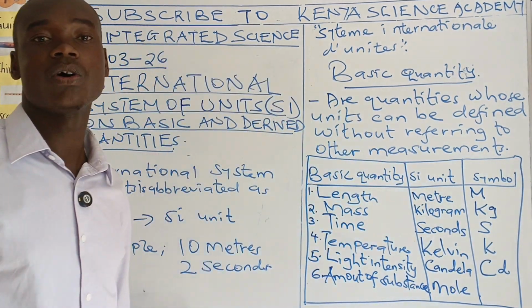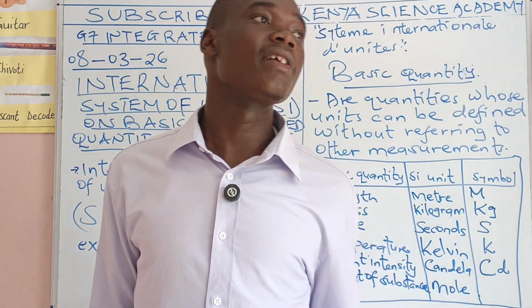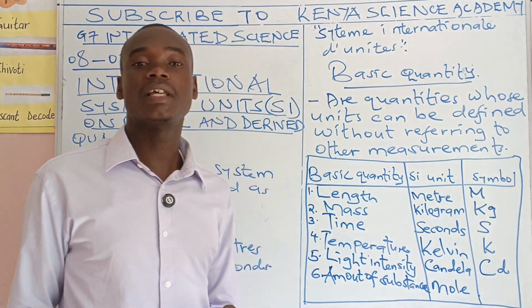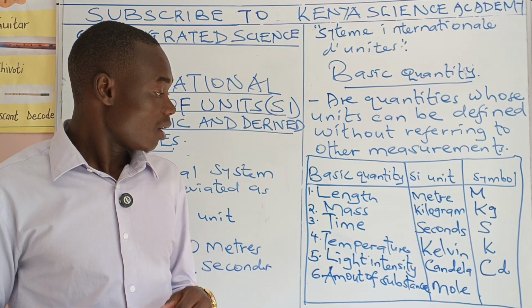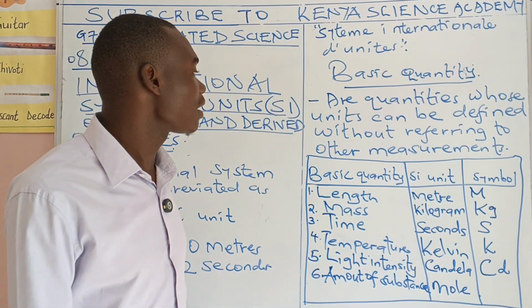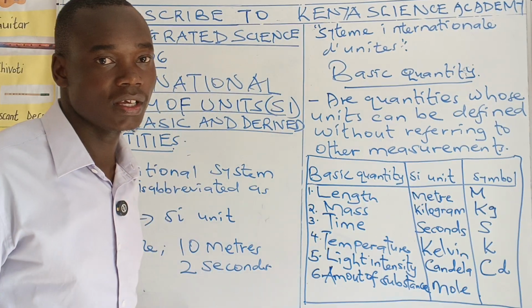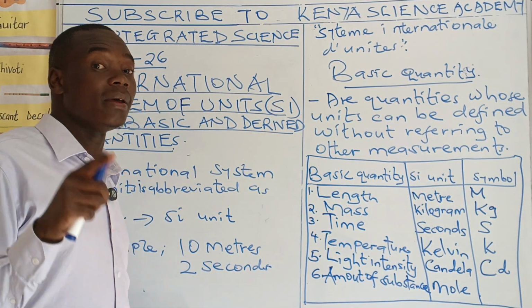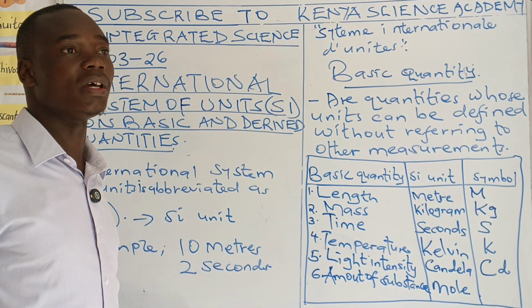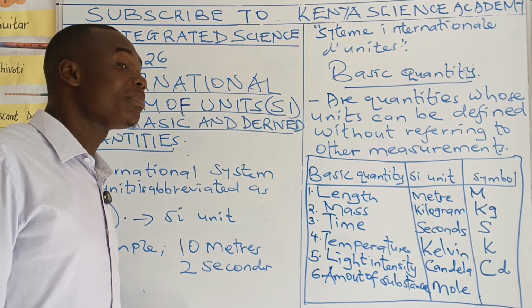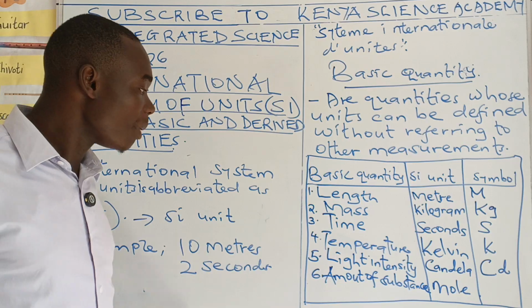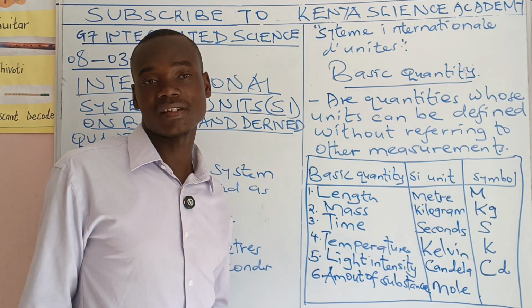When you reach Form 3 or grade 11, hopefully you will tackle a certain topic in chemistry. If you take pure science as a pathway, STEM as a pathway, you will learn about mole in chemistry.